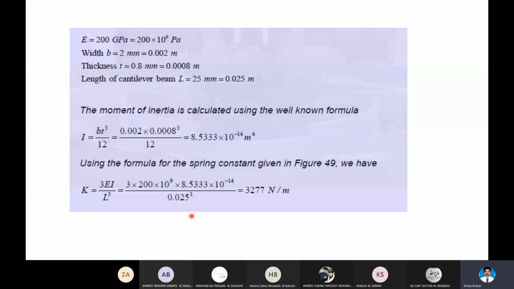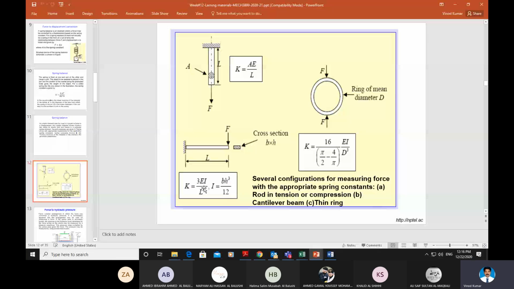This is the equation, force equal to K times X. Here, if it is a cantilever like this, look at this. We have three cases given here: rectangular cantilever, circular, and ring shaped. If it is rectangular, K spring constant is 3 EI over L cube. I is B h cube over 12. If it is circular, K is AE over L. If it is ring, K is equal to this.